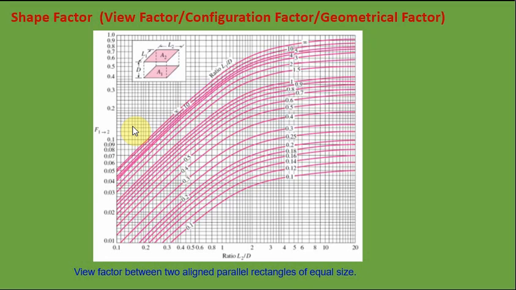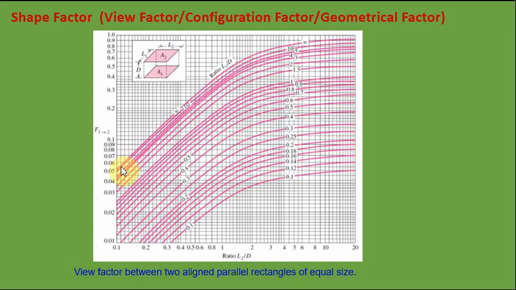If it is parallel surfaces of equal size at a distance of d, then the left vertical axis represents the view factor of the first surface A1 to A2, and this is the ratio L2 by D, and here another one, L1 by D. If you know these ratios, by referring to this figure we can find the respective shape factor.